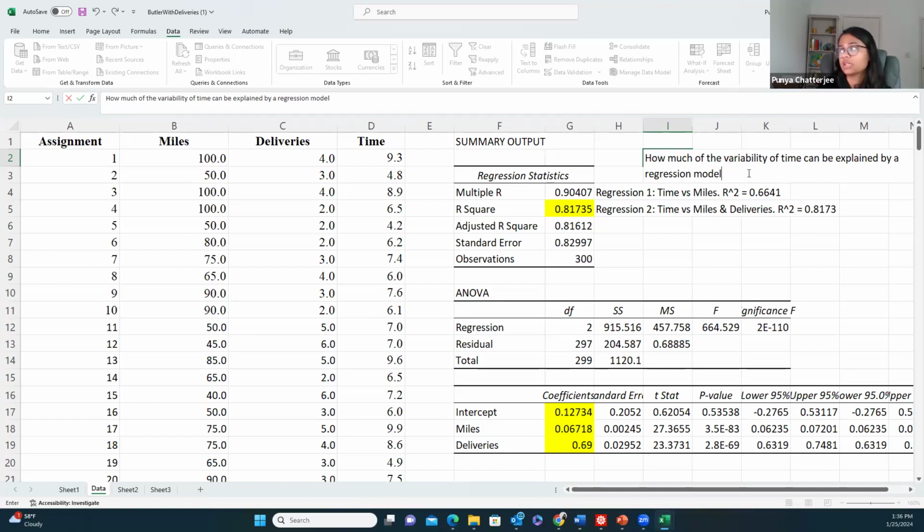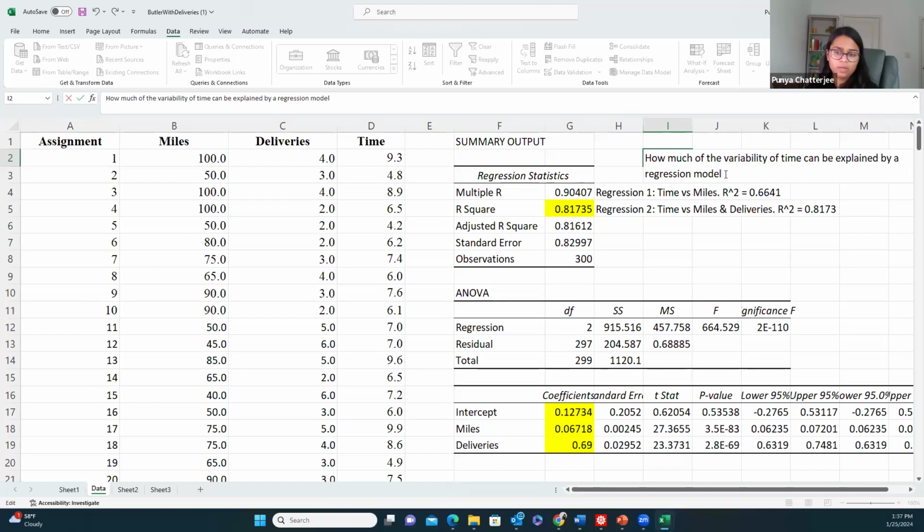So if we can explain more variability of your time or of your dependent variable, that means that it's a better model because it will be able to predict your dependent variable better for unknown values. So it basically tells you how much of the variability can be explained by this regression model.